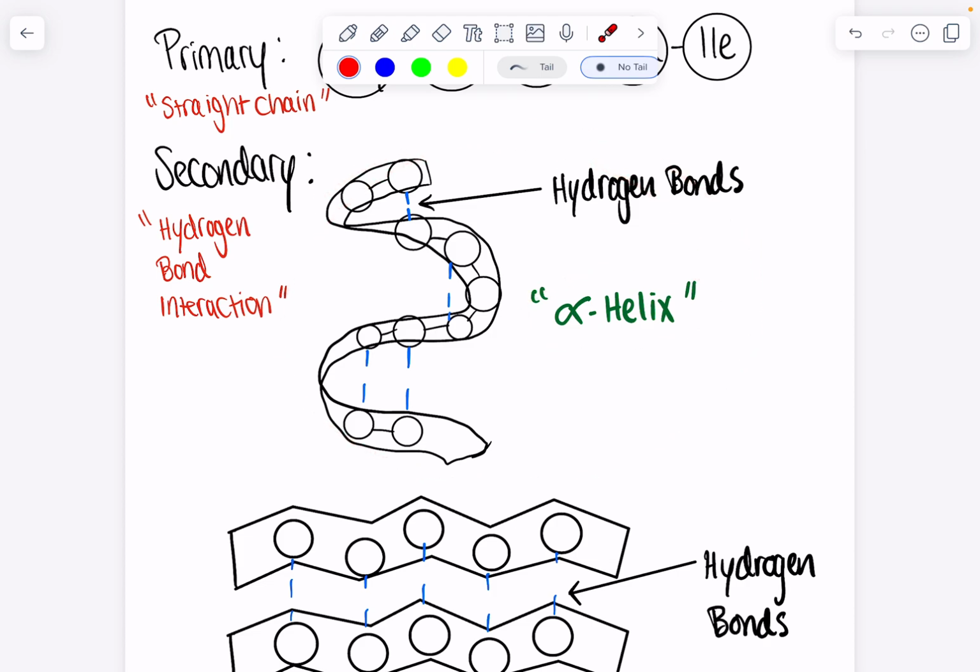The reason the polypeptides are able to give you that helical shape is the hydrogen bond interaction between the groups of the amino acids, not the side chains, but the amino and the carboxyl groups. The hydrogen bonds are represented by the blue dashed lines here.